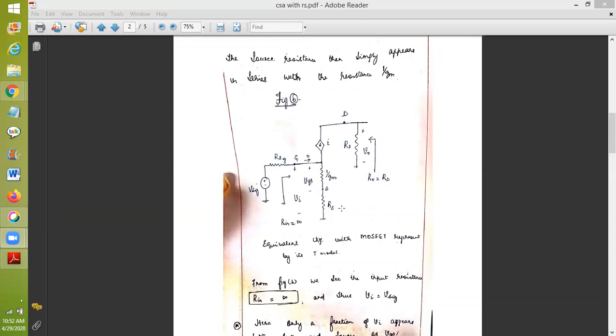Followed? Prajwal, Nidhi, followed? Yes, ma'am. So what I'm doing, only the MOSFET part we are representing by T model. Prajwal, only the MOSFET part we are representing by T model. Which part of the circuitry we are representing by T model?